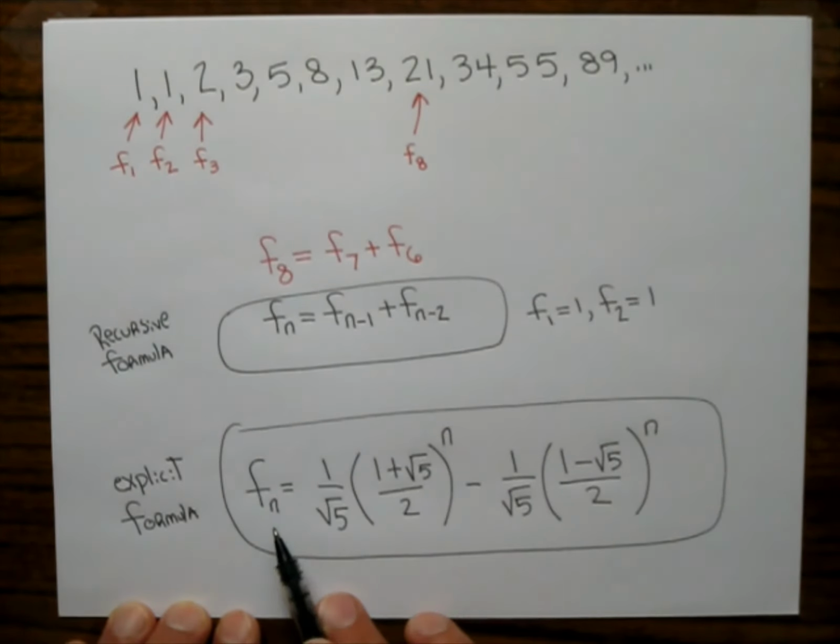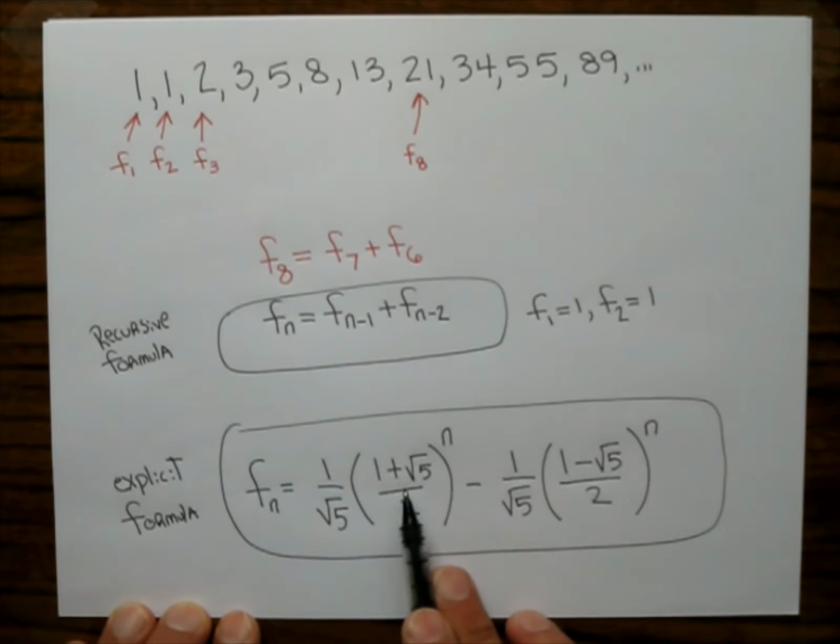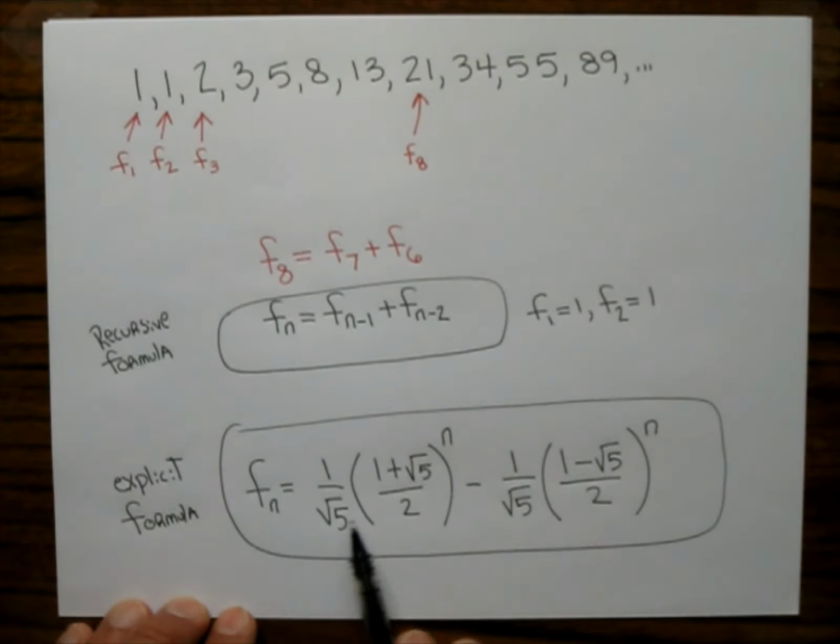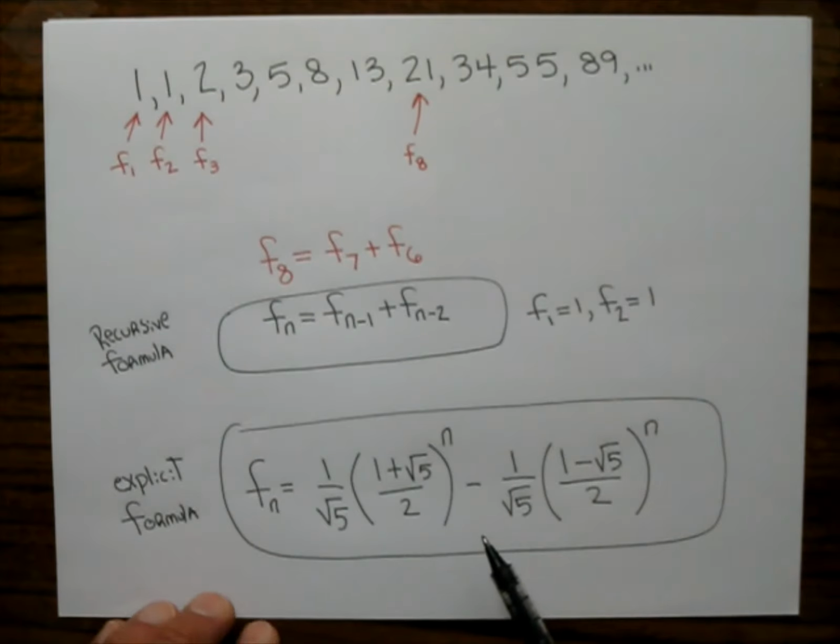You put 8 into the formula. No one would want to do that by hand. But if you put 8 into this formula, when all the algebra is done, you would get 21. So it's kind of an ugly formula, but on the other hand, it's weird how all the square root of 5s go away when you put a natural number in there.